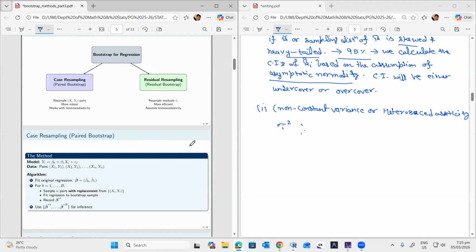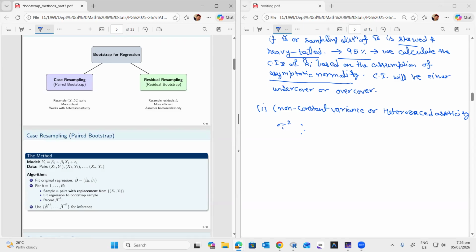All right, so what is the procedure for the paired case bootstrap? We repeatedly resample with replacement the observed pairs (xi, yi), and for each bootstrap sample, fit the regression model and store the beta cap. So the model is yi = beta naught + beta 1 xi + epsilon. We have the data, pairs (x1, y1), (x2, y2) up to (xn, yn).